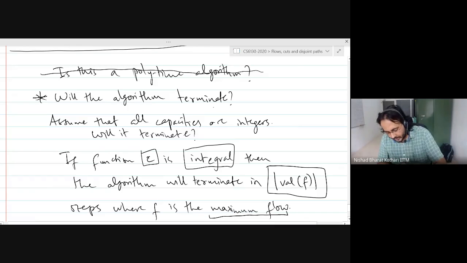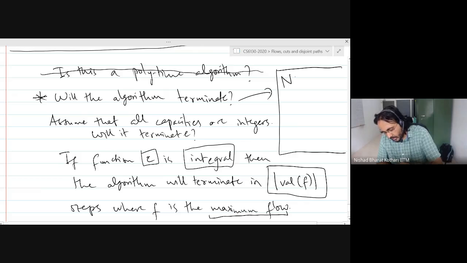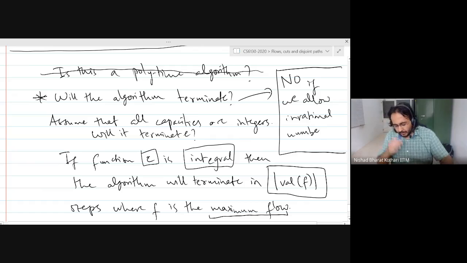So the answer to this is actually no. If we allow irrational numbers, and I will not be discussing this in this course, partly because our interest is in graph theory, and in graph theoretical and most of the real world applications, irrational numbers do not arise very often.